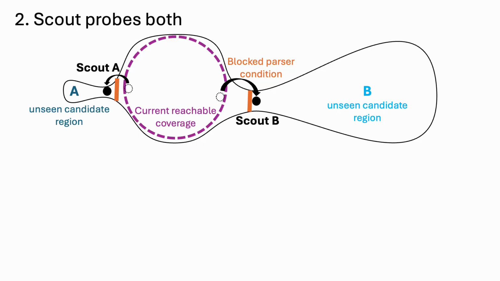So conceptually, it forces each blocked condition and observes how much unseen coverage lies behind it. And this is only a temporary probe. It doesn't actually count the edges it finds as true edges, because it essentially just forced the conditional to be true. But it's still able to estimate the promise of crossing each parser condition this way.